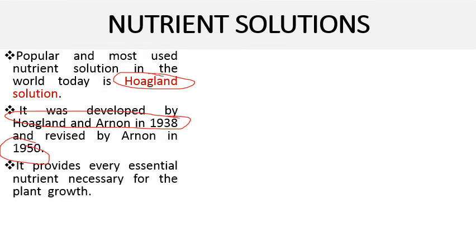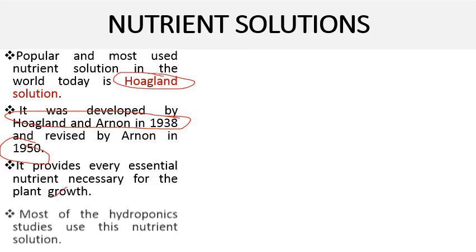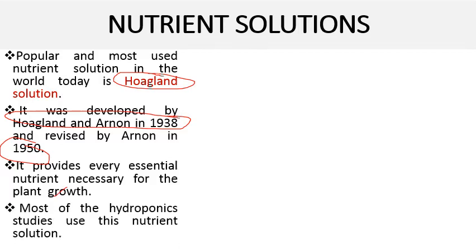It provides every essential nutrient which is necessary for plant growth and normal development, and nowadays this is the most commonly used in hydroponics studies, which is the soilless culture in which we grow the plants in a liquid medium or solution which contains all the nutrients required for plant growth and development.